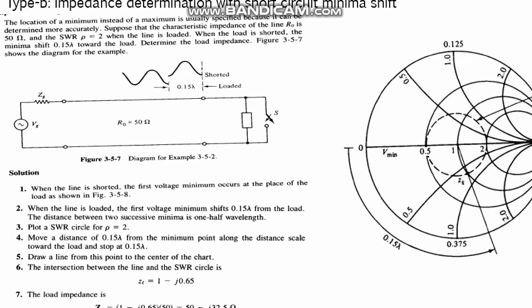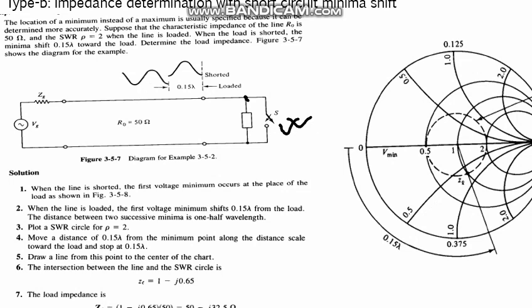Suppose that the characteristic impedance of the line, that is the transmission line, is R0, which is 50 ohm, and the standing wave ratio rho is equal to 2. When the line is loaded, meaning there is a load, we get a waveform.